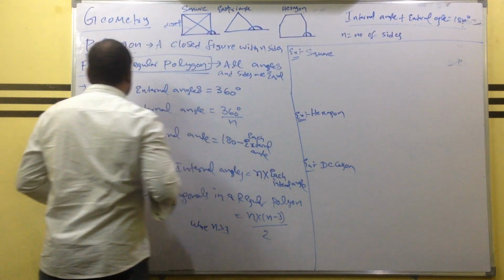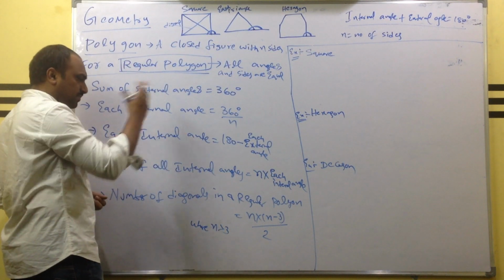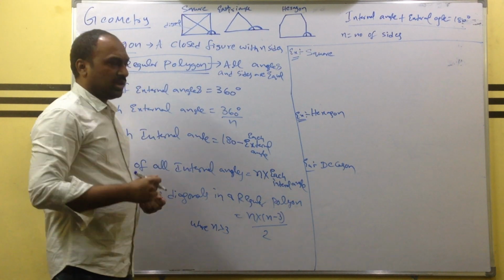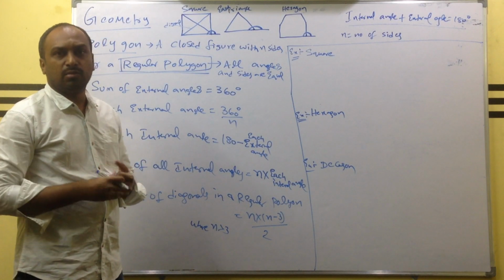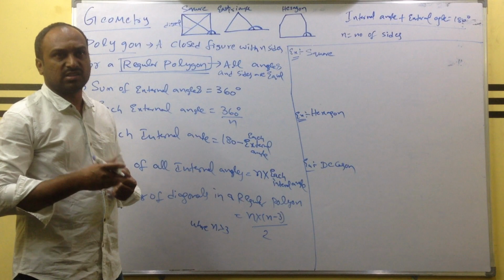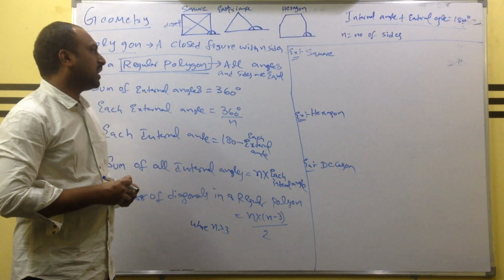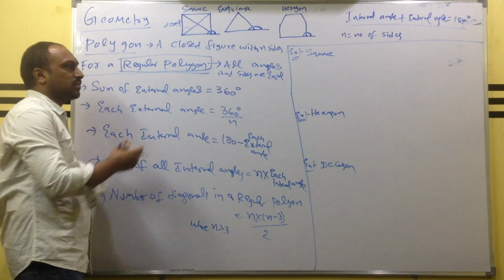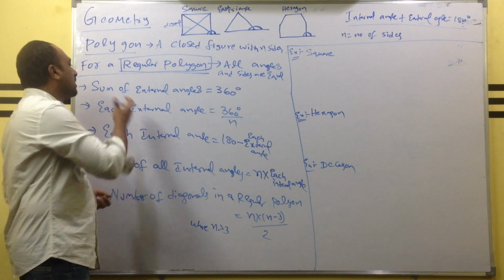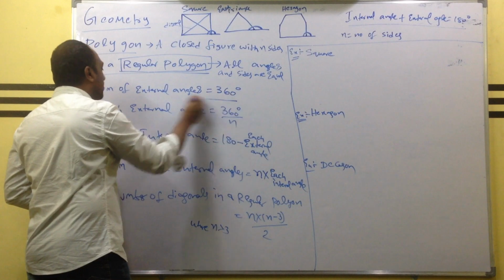Now, getting into how to tackle that. Generally we have some formulas, like n minus 2 into 180 by n. There are some formulas that some books suggest, but what I am trying to tell you here is how you can tackle this kind of question without formulas. The sum of external angles is a very simple thing.